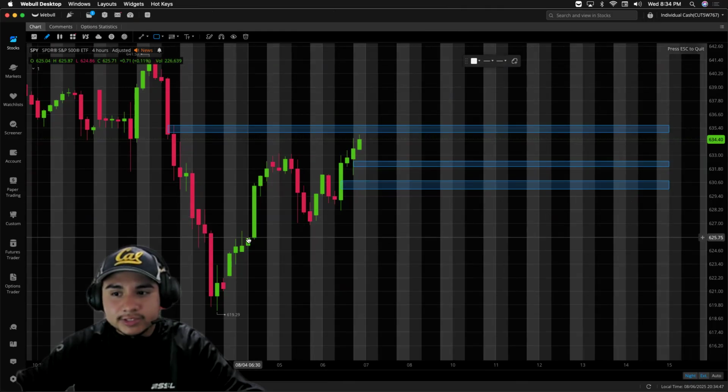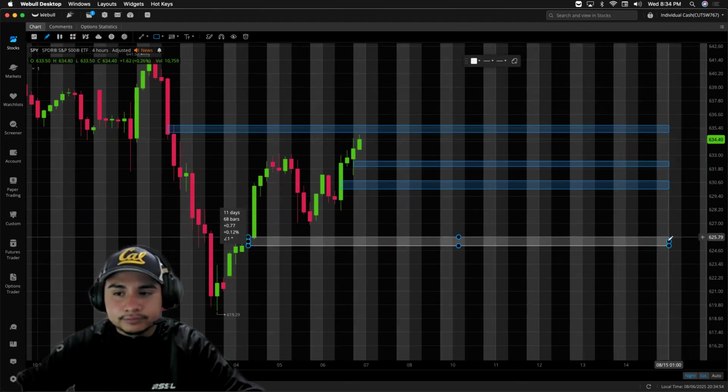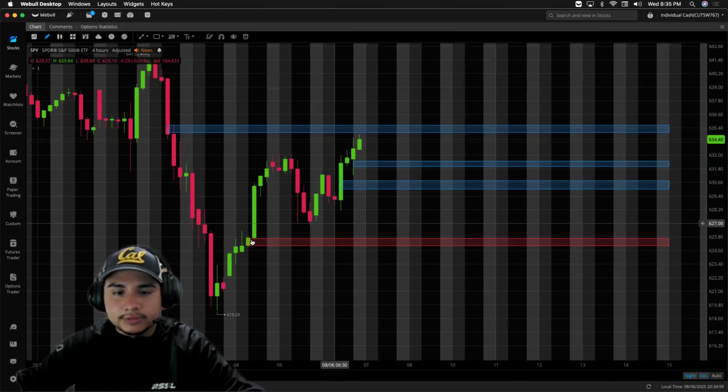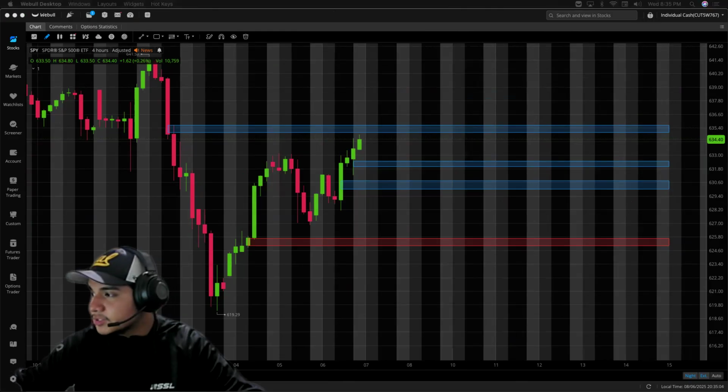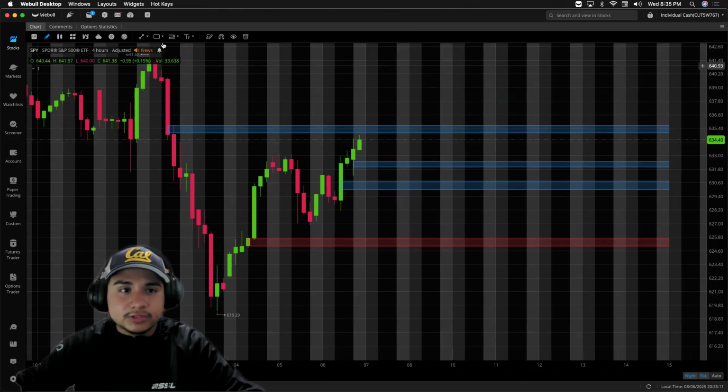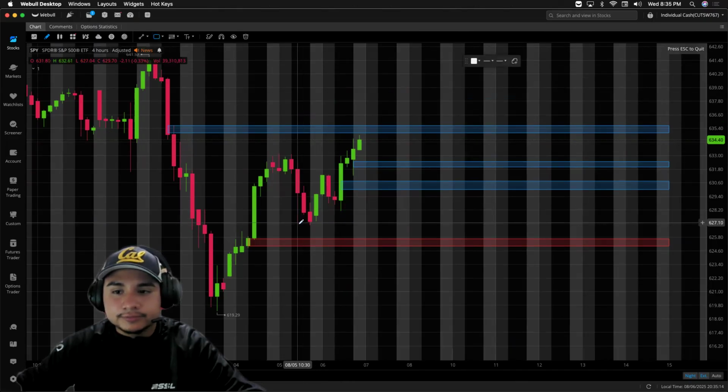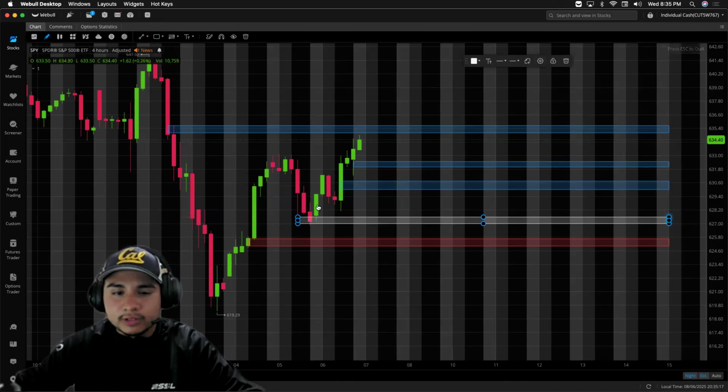Now we're getting into this area where the sellers, 625, probably 627, and 627. Gonna mark out this zone here.